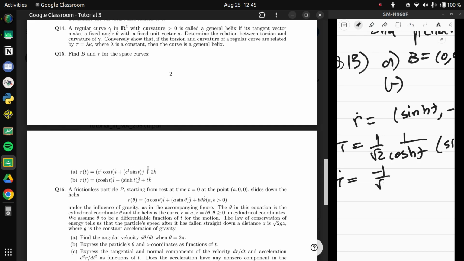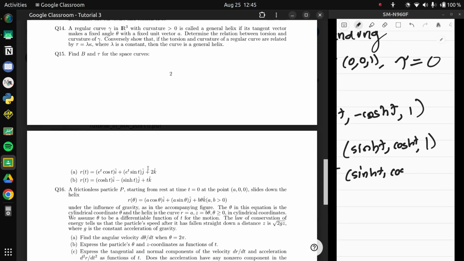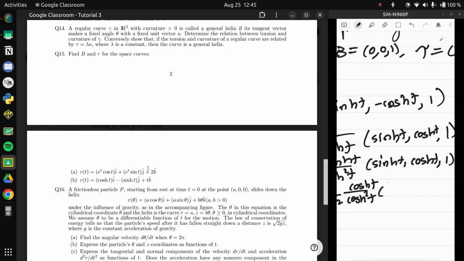It's minus 1 upon square root of 2 cosine h squared t, and then on the top you just got sine h of t, and all of this stuff, sine h of t, cosine h of t, 1, and then plus 1 upon square root of 2 cosine h of t. So I'm gonna say it's cosine h squared t, cosine h t, and then you got cosine h t, sine h t, 0.